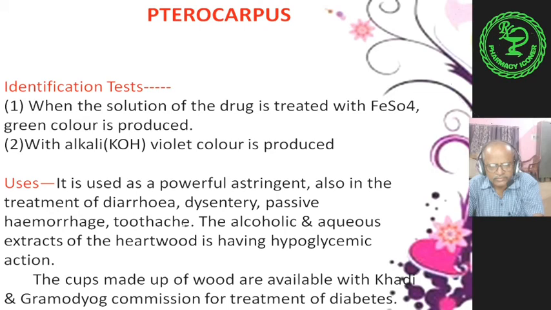The alcoholic and aqueous extracts of the heartwood have hypoglycemic action. This is very important from the diabetes point of view. Cups made of the wood are available with the Khadi and Gramodyog Commission for the treatment of diabetes.